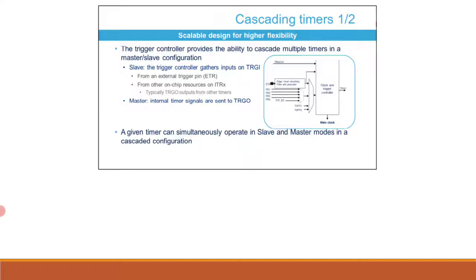Additionally, the input capture 1 and 2 pins can also be used as an internal trigger, typically to reset the counter. Slave and master modes can be programmed independently. A given timer can thus simultaneously operate in slave and master modes in cascaded configuration, accepting input triggers while providing output triggers.